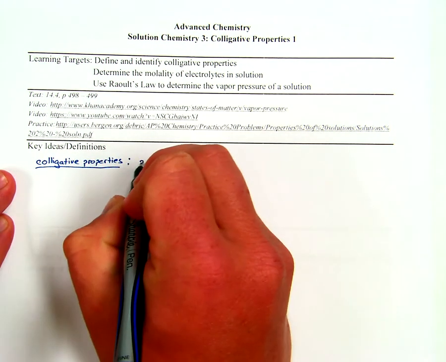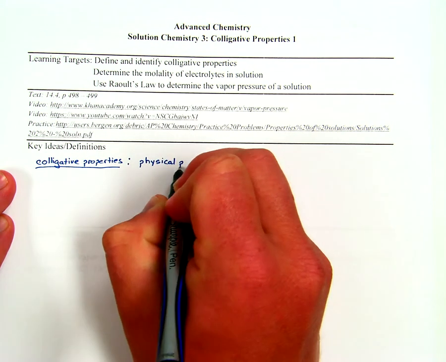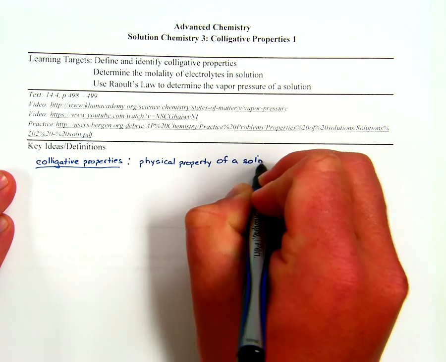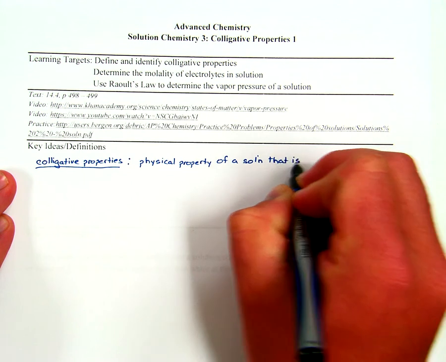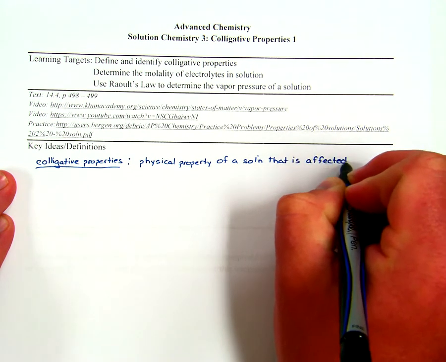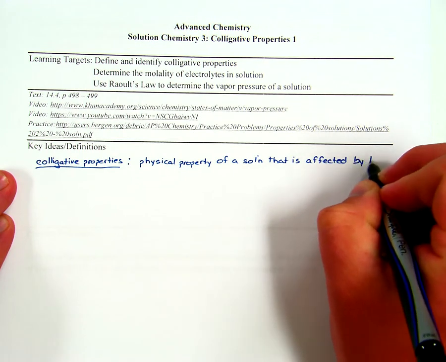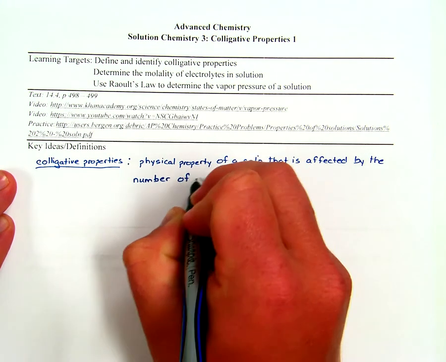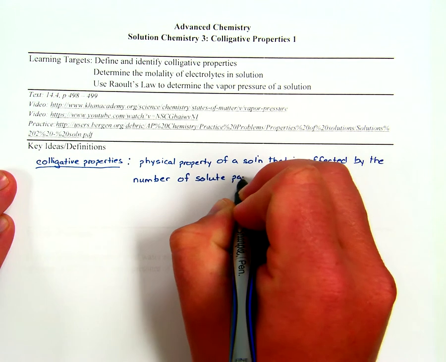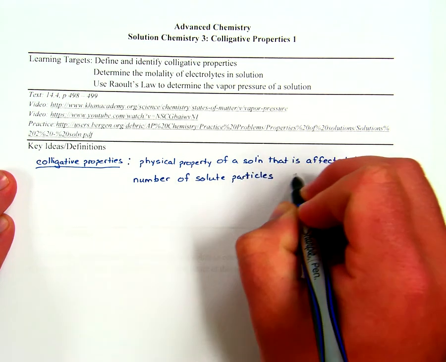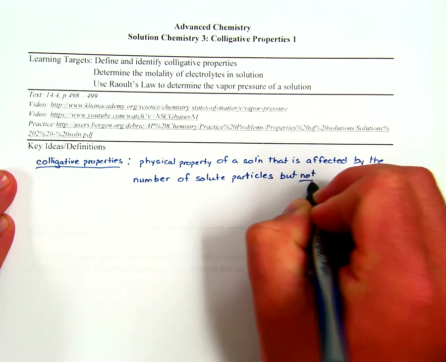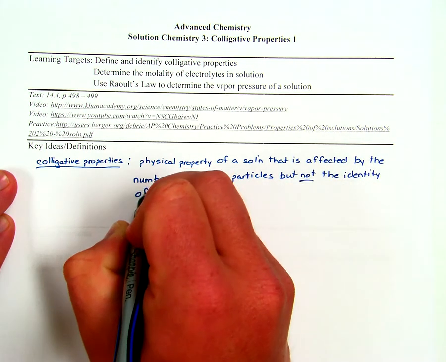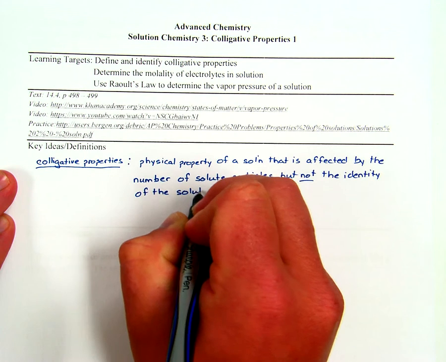A colligative property is a physical property of a solution that is affected by the number of solute particles but not the identity of the solute particles.